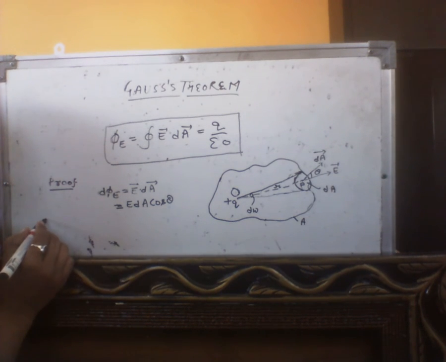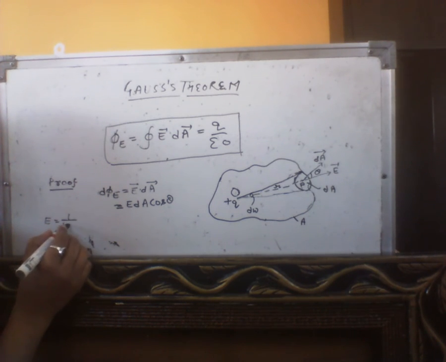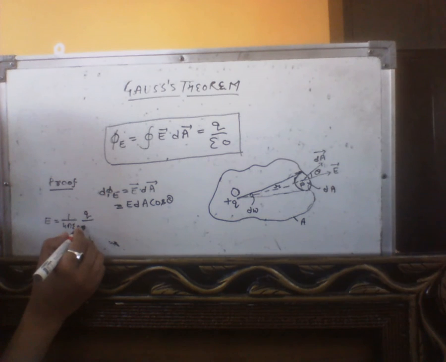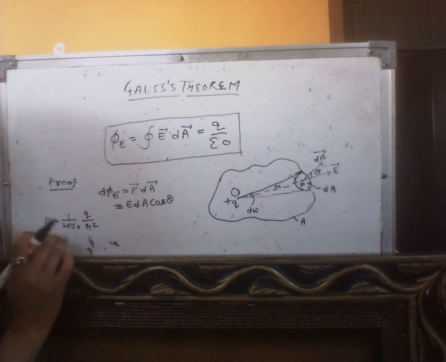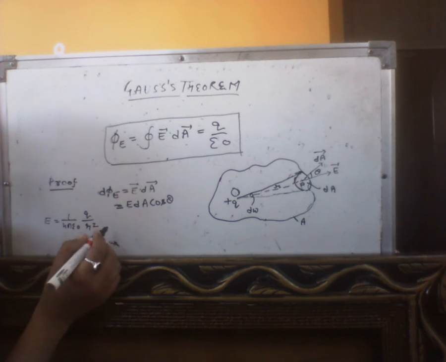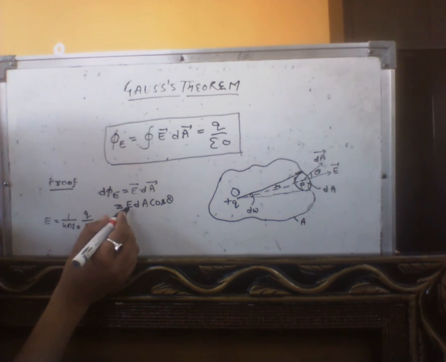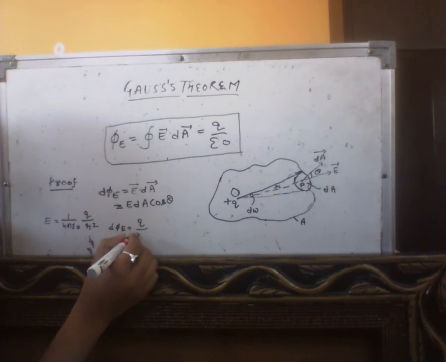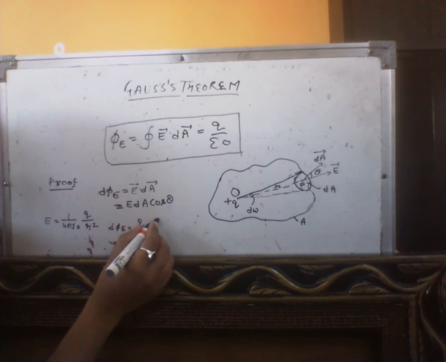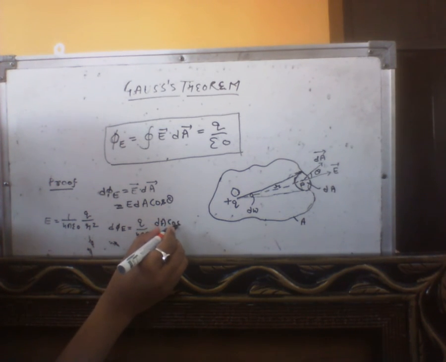Now we know that E equals 1 upon 4 pi epsilon naught q upon r square. This is the electric field intensity due to a point charge, as we have discussed earlier. Now substituting this value of E in this equation, we will get d phi E is equal to q upon 4 pi epsilon naught dA cos theta upon r square.